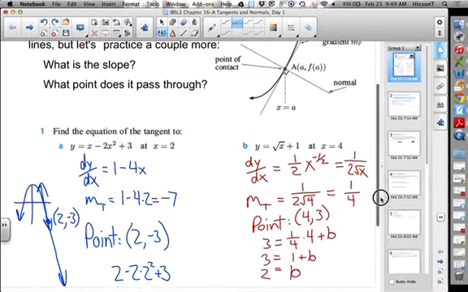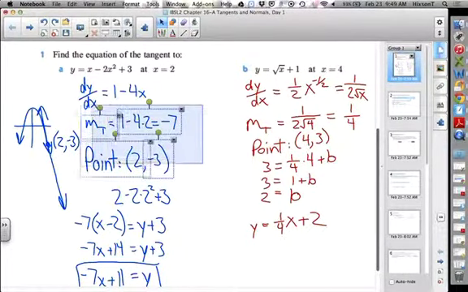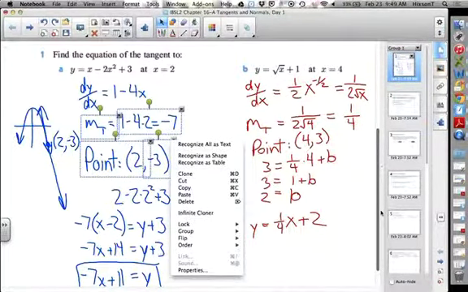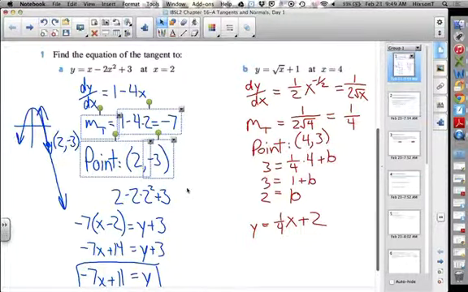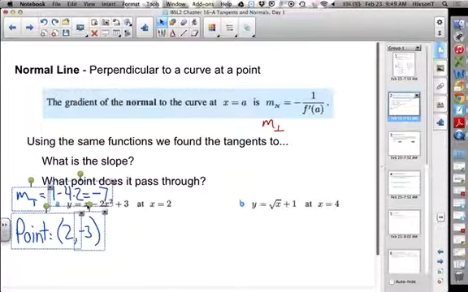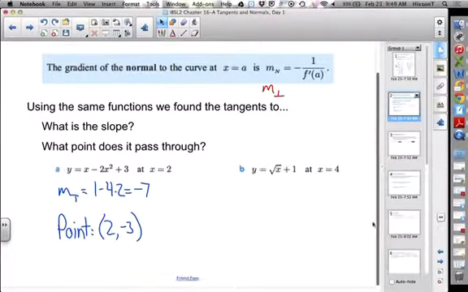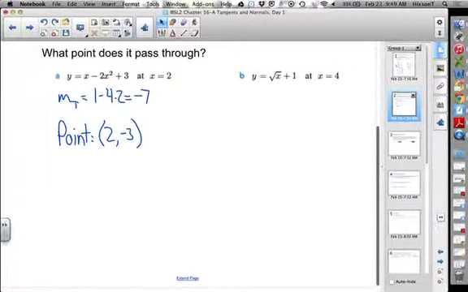Alright, but now we had this. So when we bring it over here, we have the point, we have the slope of the tangent line.